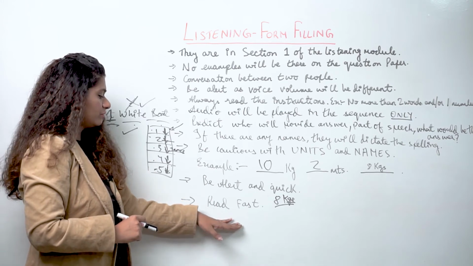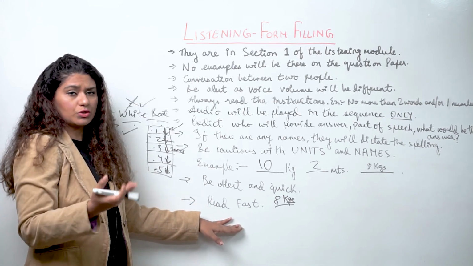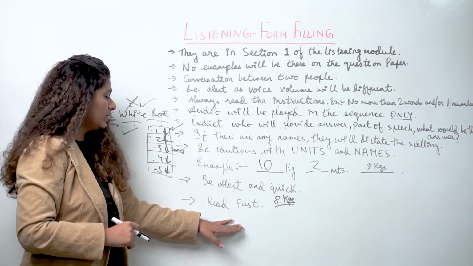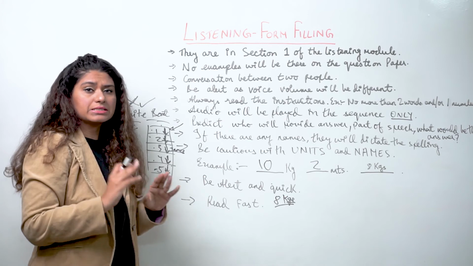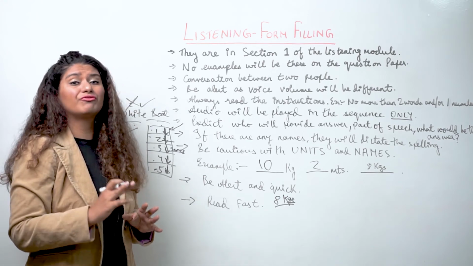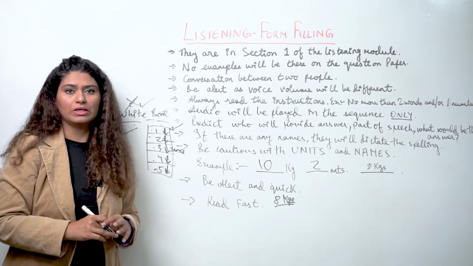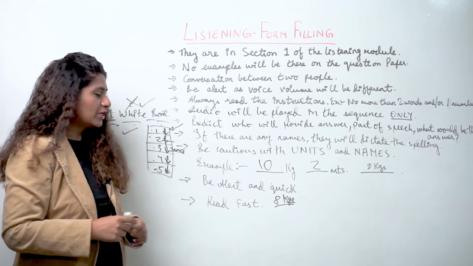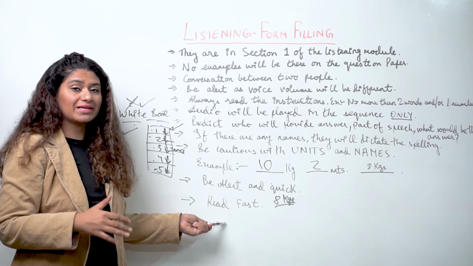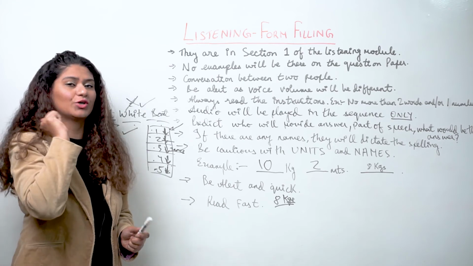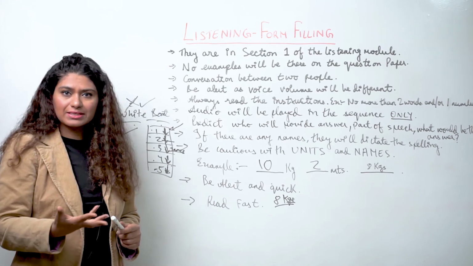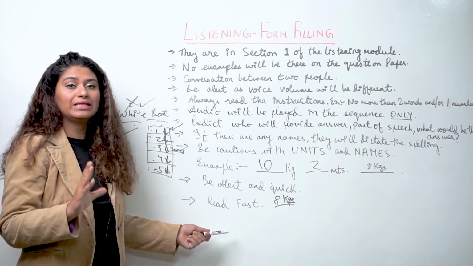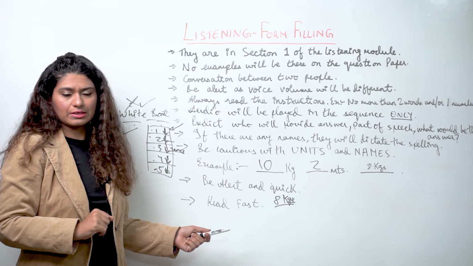And as I always say in all the lessons of listening which we have posted till now, read fast. It is important for you to read fast in the listening module. In my previous lesson, I mentioned how you can do that. You can read fast by making it a habit of reading in your mind.